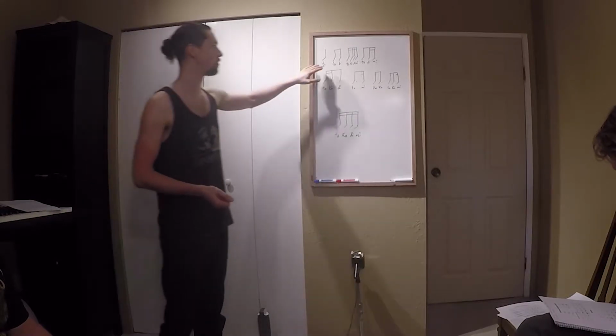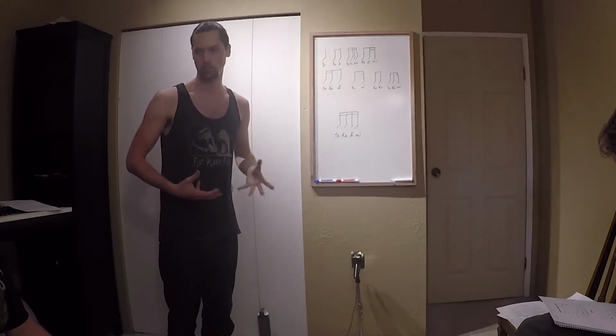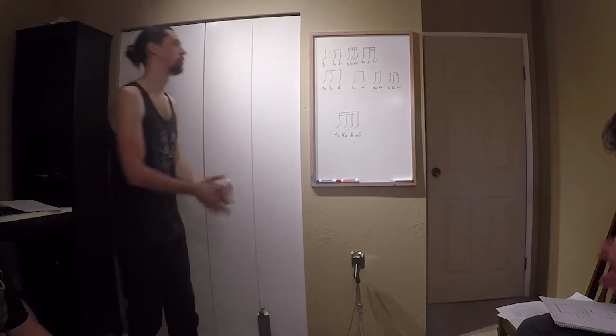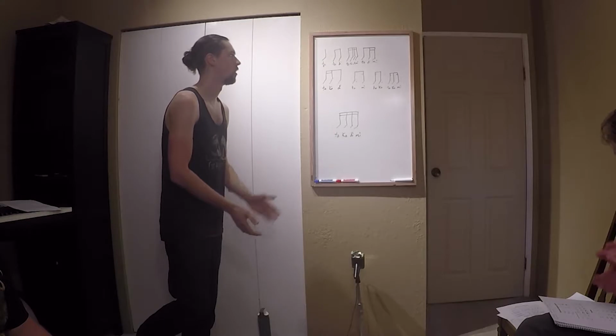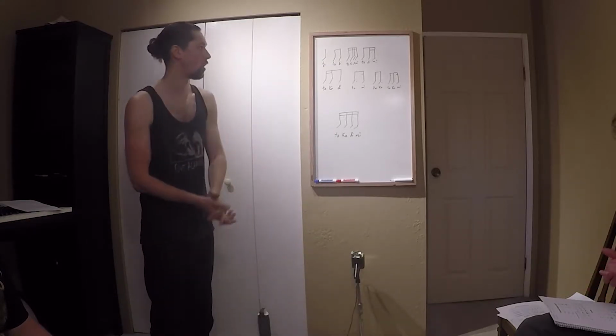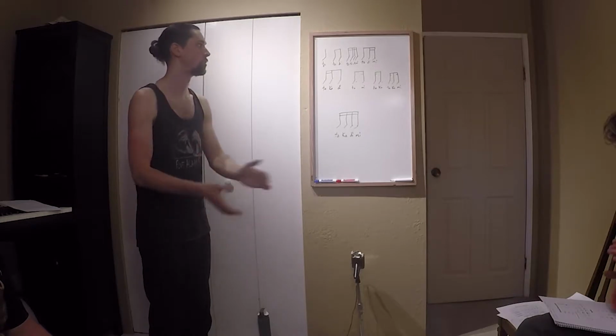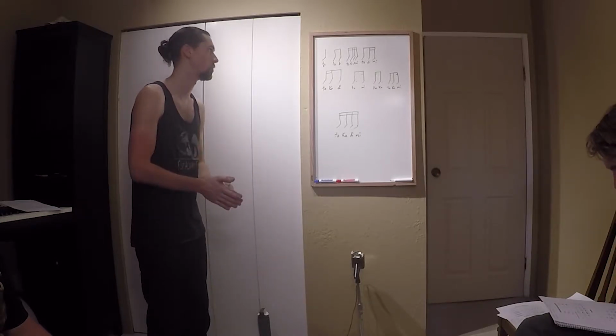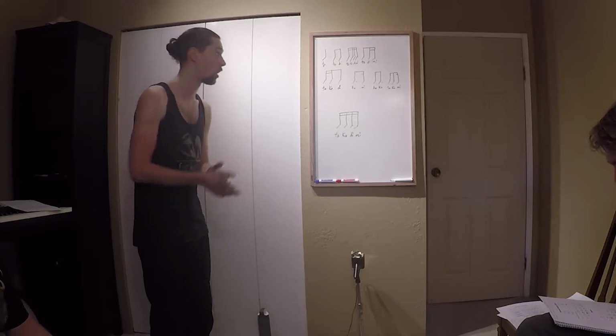So let's do each of these individually, and then we'll try to put it together. So we've got ta, ta, ta, ta, ta, di, ta, di, ta, di. Takadimi, takadimi, takadimi. Ta, dimi, ta, dimi.